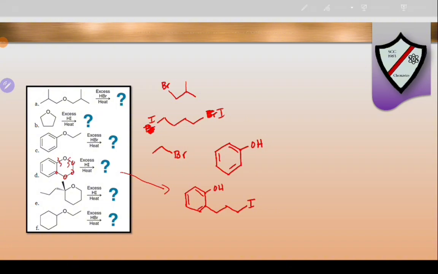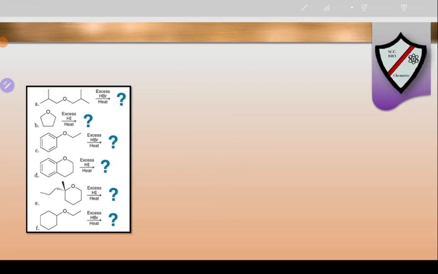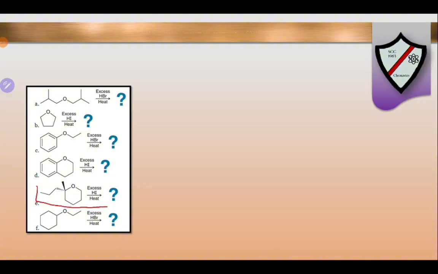I'm going to erase that to give myself a little bit more room and move on to the next question, example D here. So we're going to break this bond here and break this bond here and replace with the iodines.